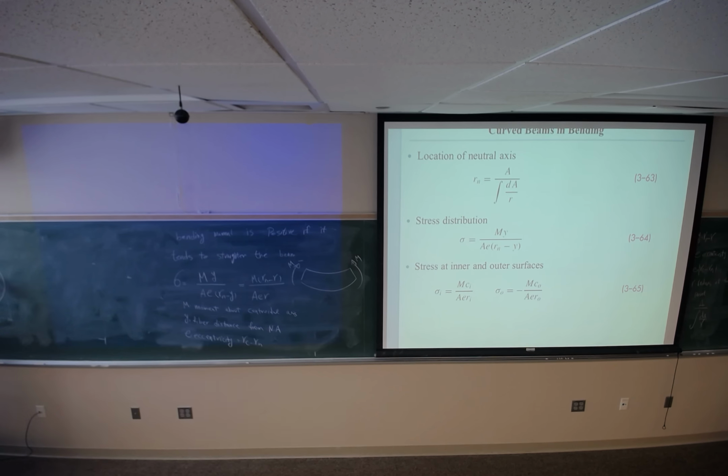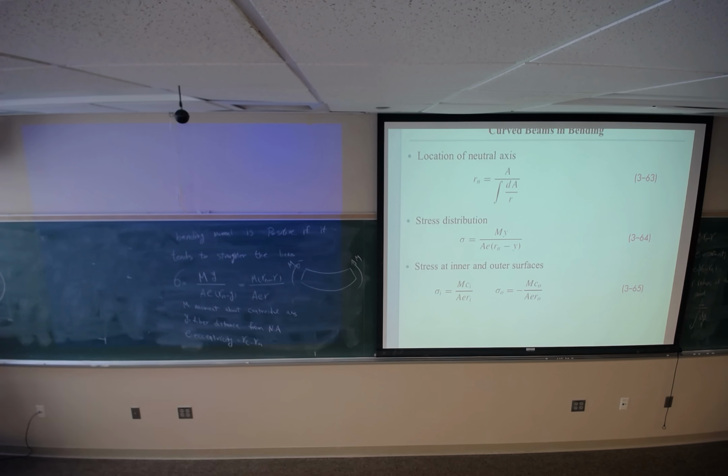The outer radius is 6 inch. The inner radius is 2 inch. Ro is 6 inch, so 6 inch minus 2 inch is going to give me 4 inch. This is the center of curvature. This is 2 inch. This is 6 inch. So it's going to be 4 inch.